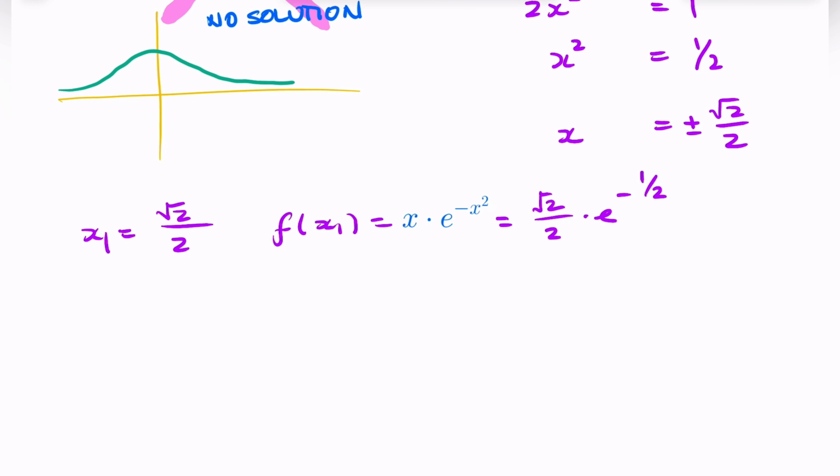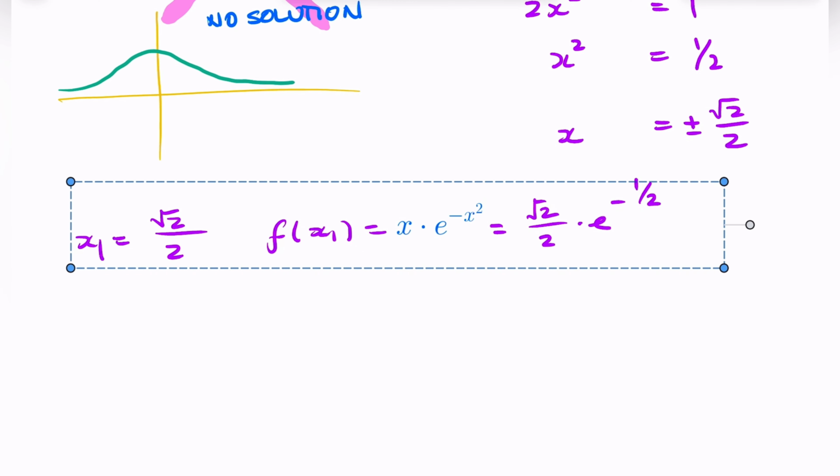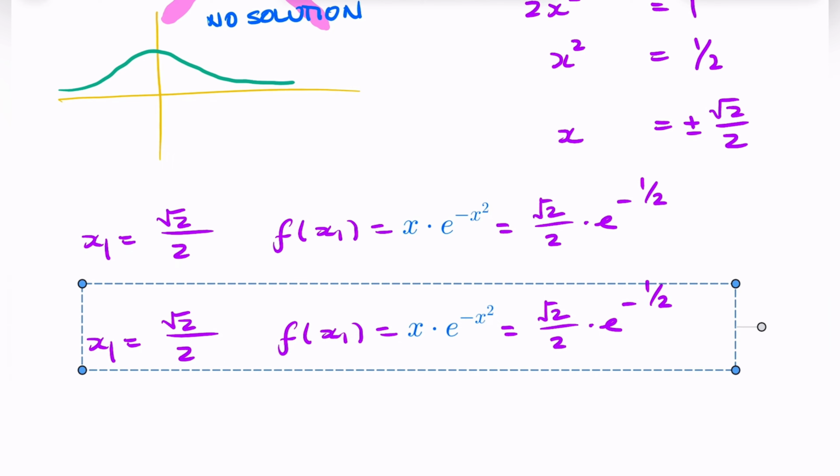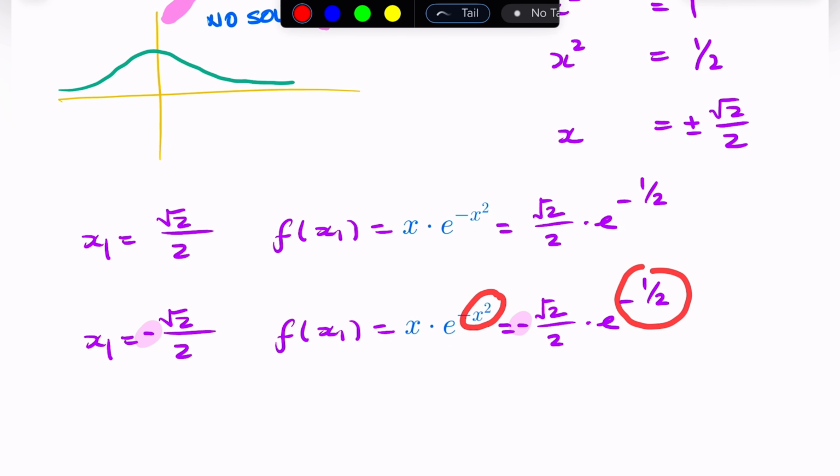So that's your first stationary point. Your second stationary point will be the same, but with a negative value. So I'll just copy that out. So we'll just put a negative sign here and a negative sign there. So I've changed that and that, but it won't change this because it's squared. So these are our two stationary points, x1, x2.